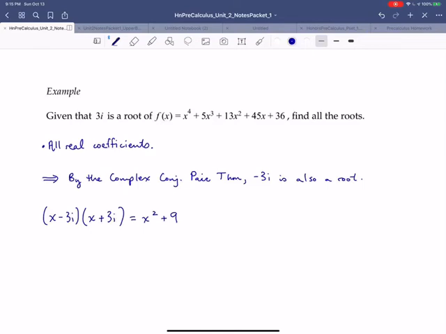So then, to find all of the roots, what we can do is take this quartic polynomial and divide by x squared plus 9. There's something else we could do if we prefer. We could synthetically divide the coefficients of f by 3i and then take those coefficients and divide by negative 3i. That's another way to do this problem. I think it's a little easier to just use polynomial long division to divide this quartic polynomial by x squared plus 9.